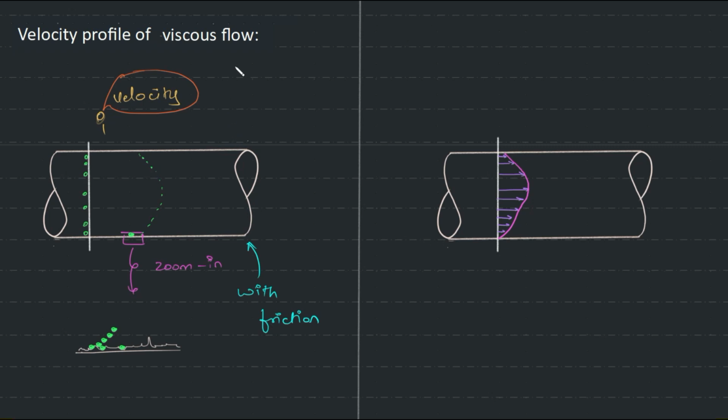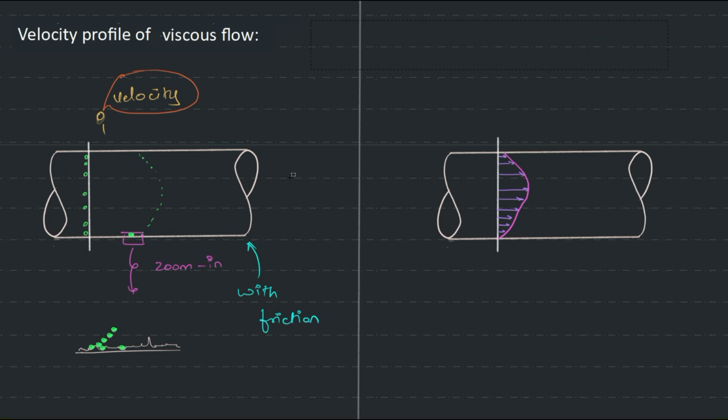The very specific case that we consider is a case of laminar flow. For a laminar flow, the velocity profile in a normal pipe can look like this.